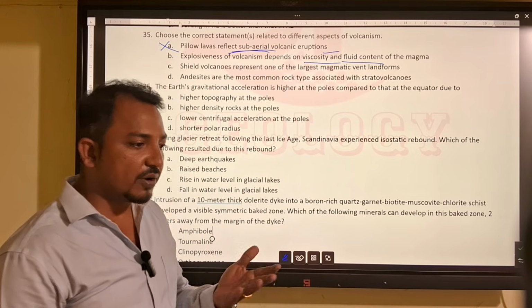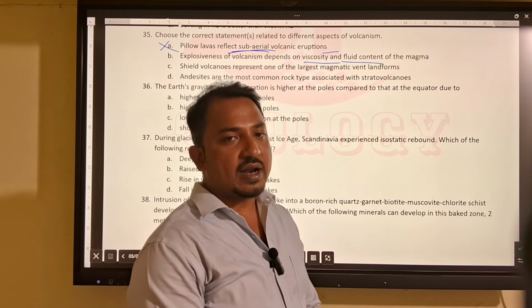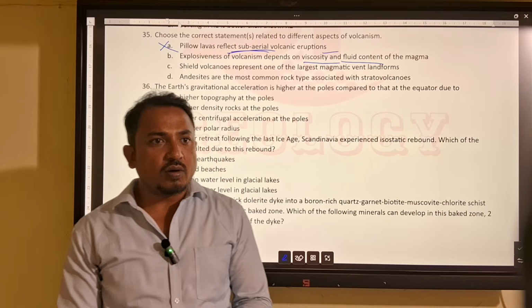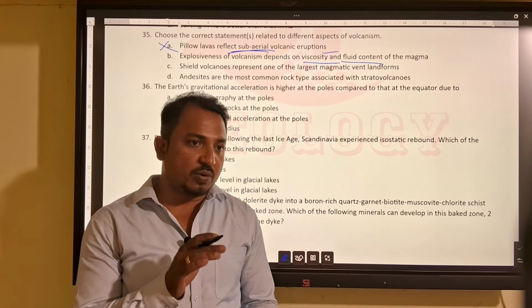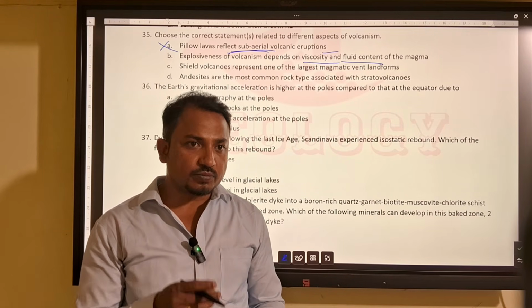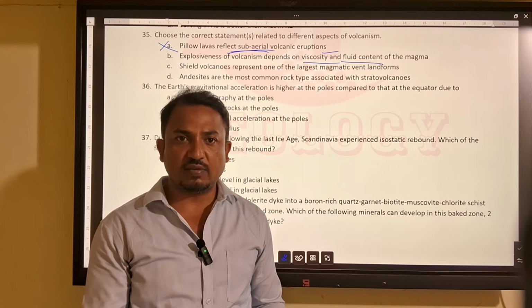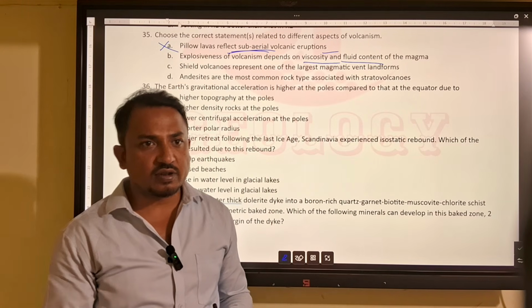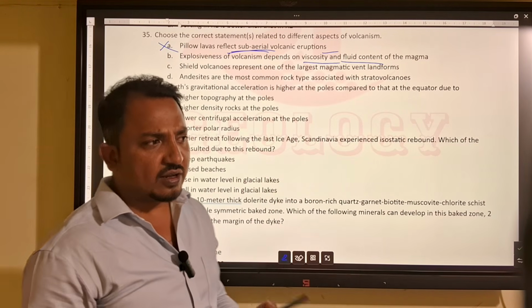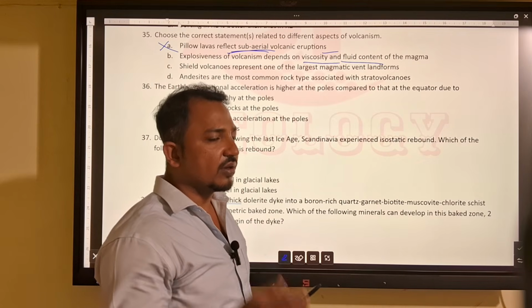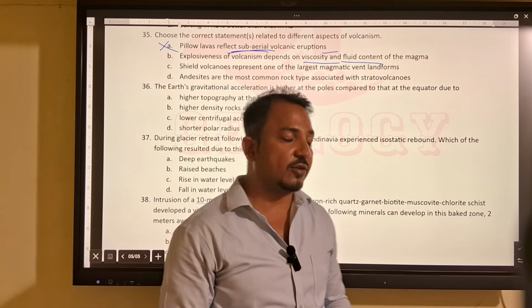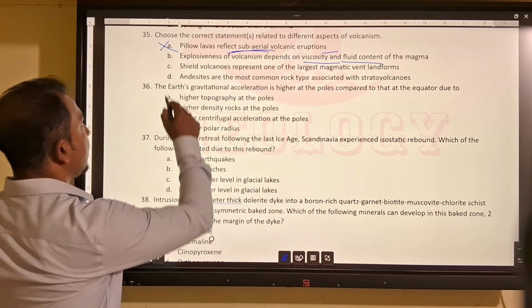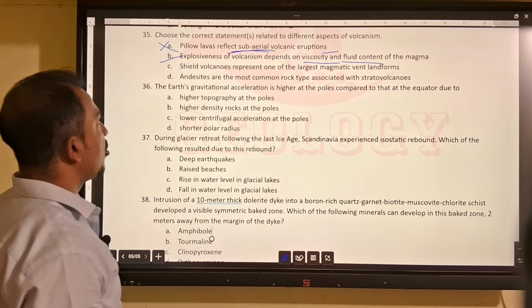Also, felsic magma is produced at a lesser depth, under direct pressure of the overburden. So the volatile matter within the felsic magma is in dissolved condition. When any fractures or other breaking occur, they will produce a volcano which will be explosive. So that's why option B will be correct.